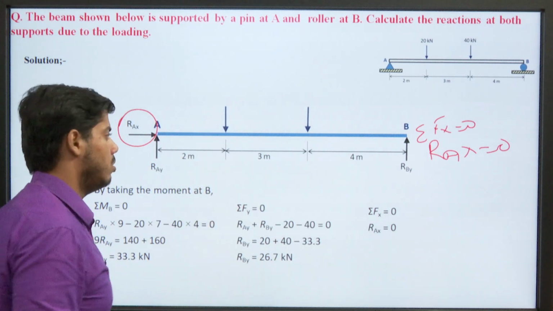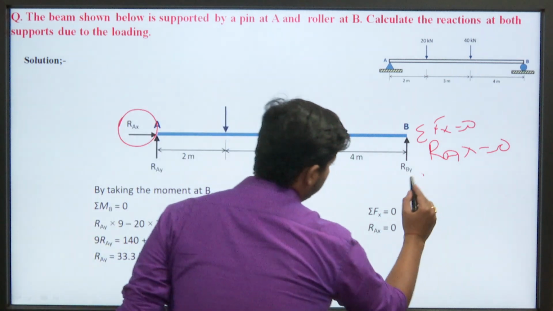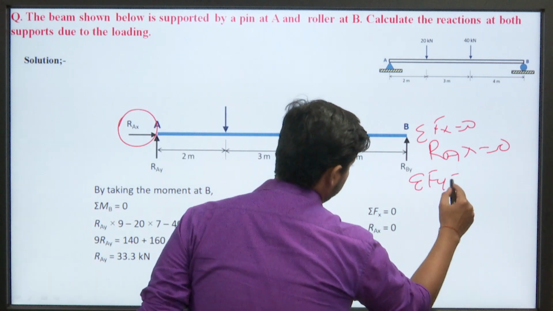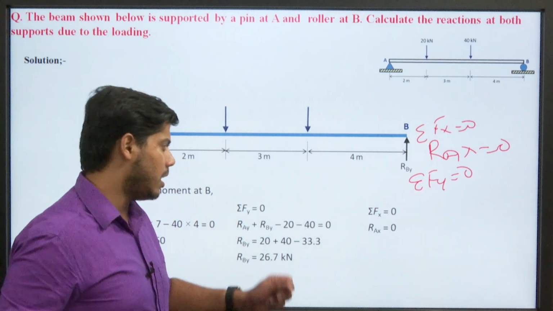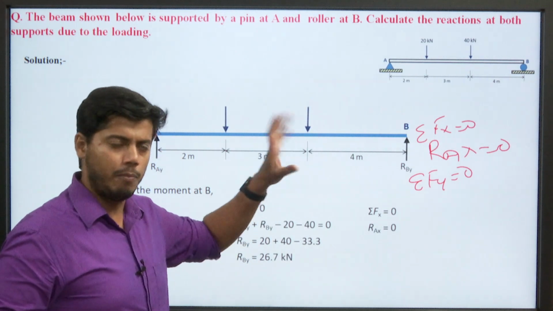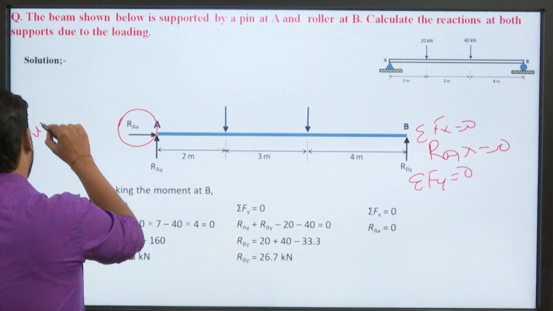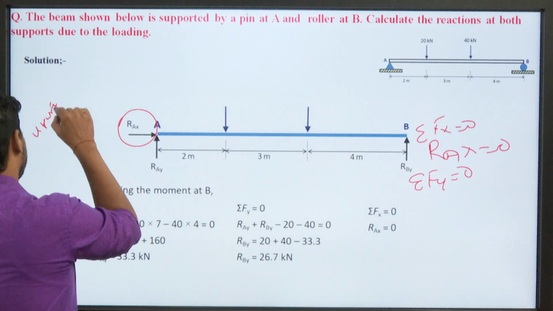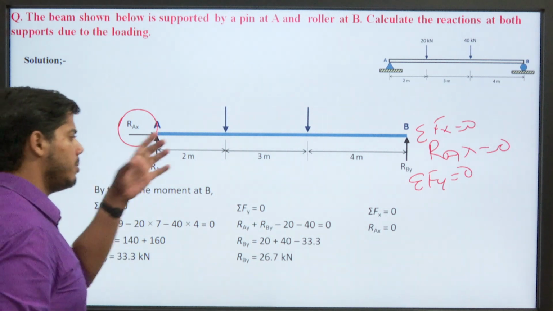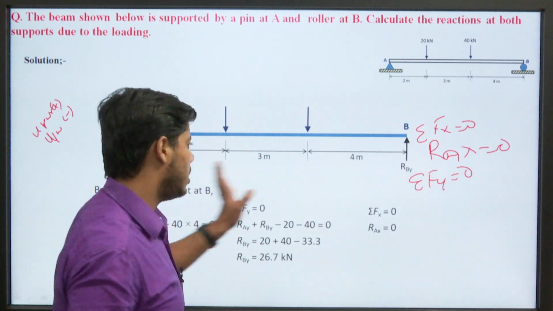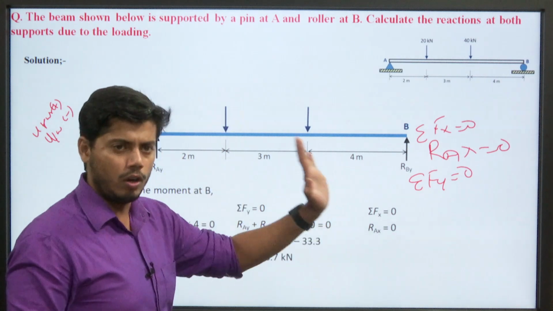Okay, done. Now, the next condition is summation of Fy equal to 0. Before starting, let us assume that the vertical force in the upward direction is positive for reactions and downward is negative. What are the vertical forces acting on this beam?